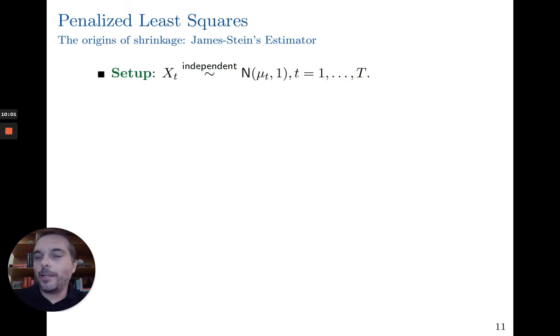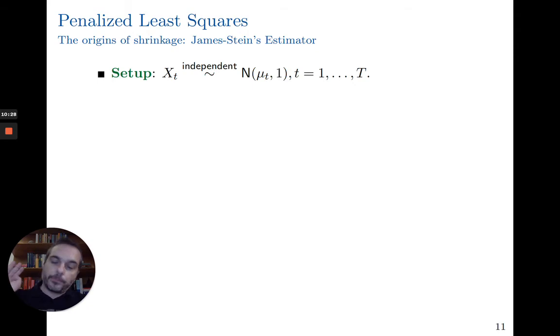So what's the James-Stein estimator and the origins of shrinkage? Take a sample of t random variables. They are all independent and they are all distributed as a normal variable, but with specific mean, mu t.